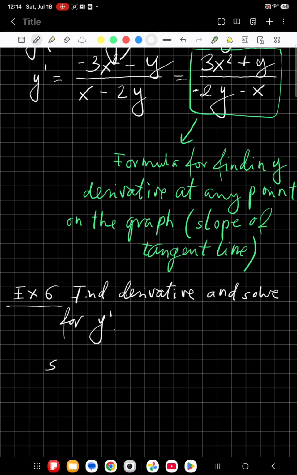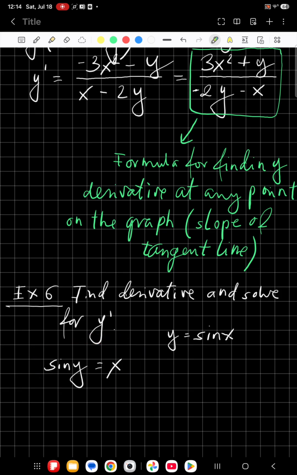Sine of y equals x. Normally this sine function would look like y equals sine x. But what we have here is actually an inverse of sine.